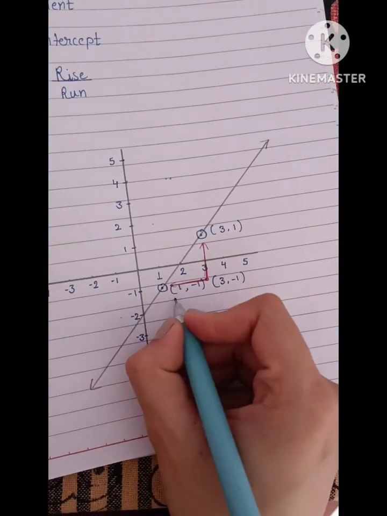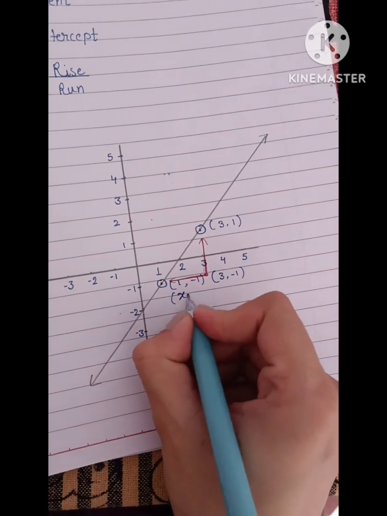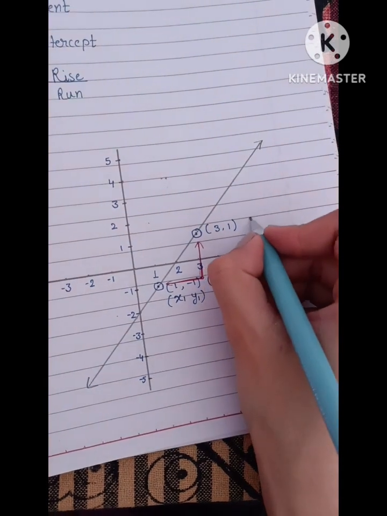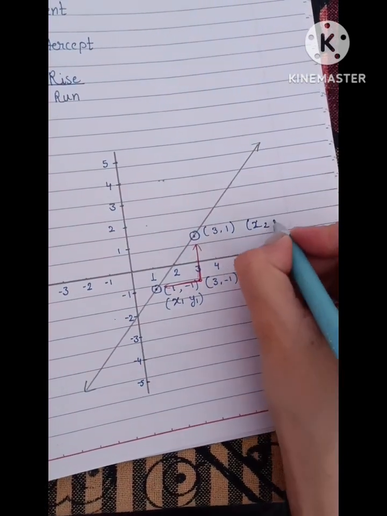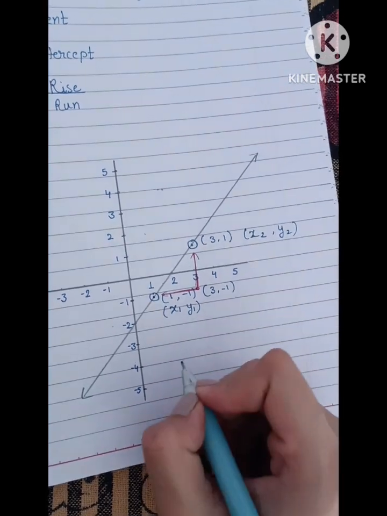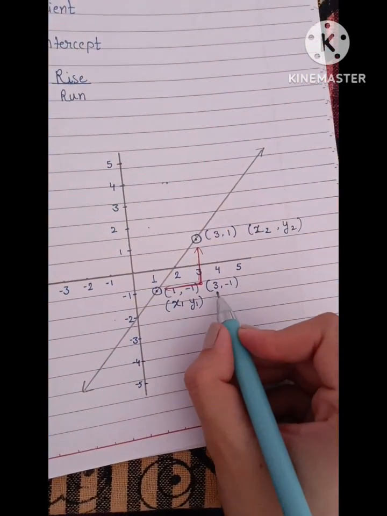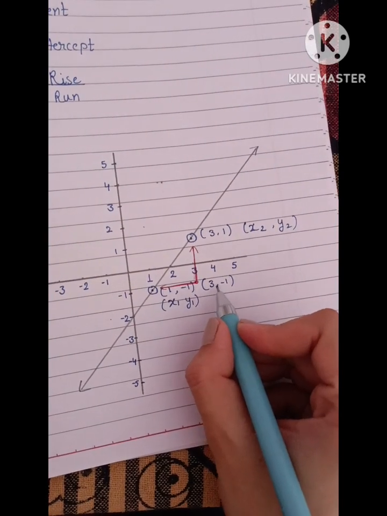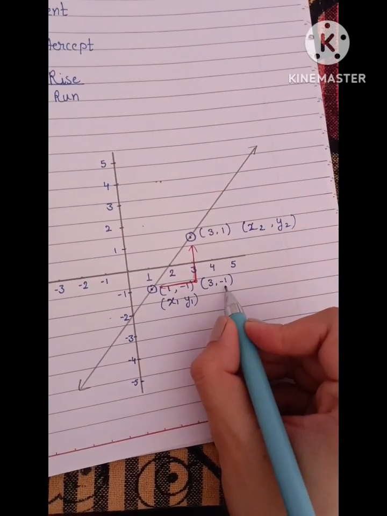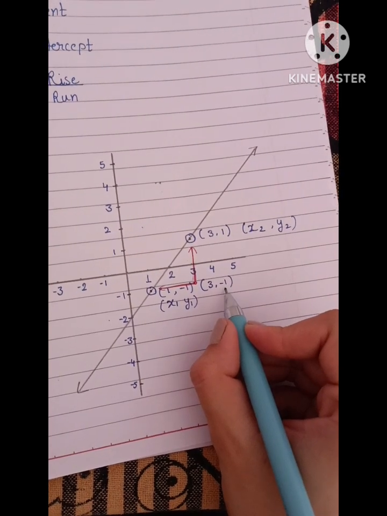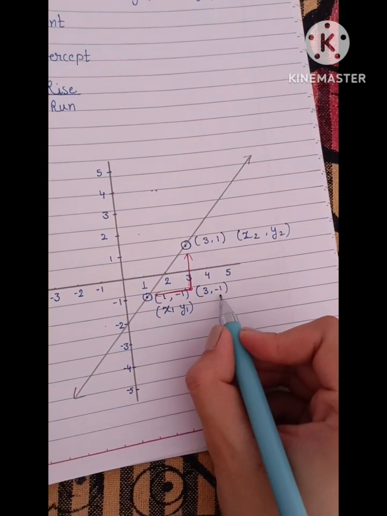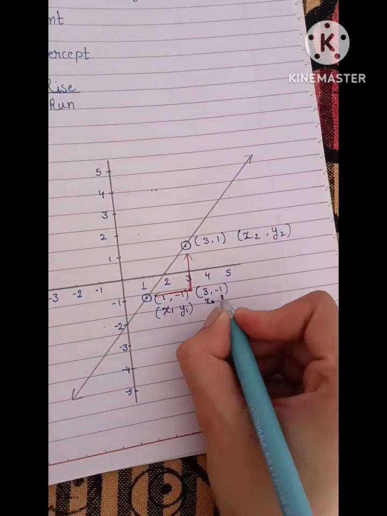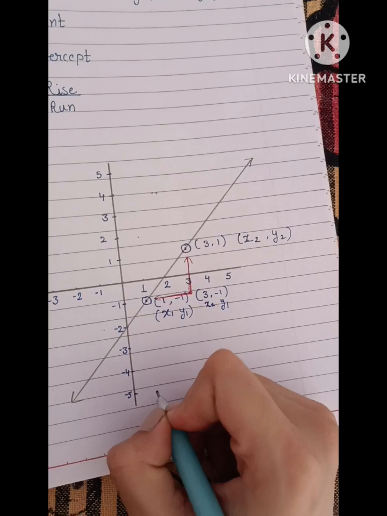So if this is the first point, this will be my x1, y1, and if this is the second point, this is my x2, y2. Now this is actually my x2 and this is my y1.